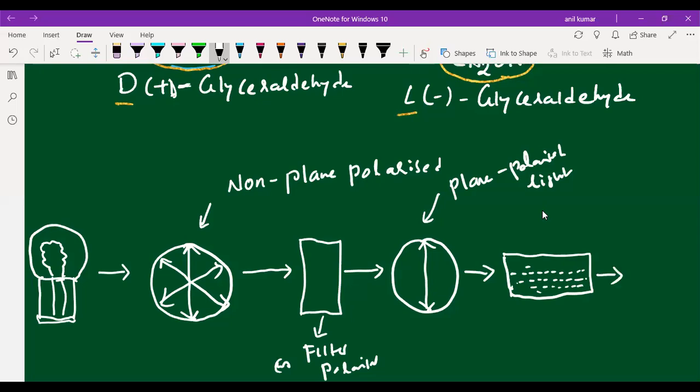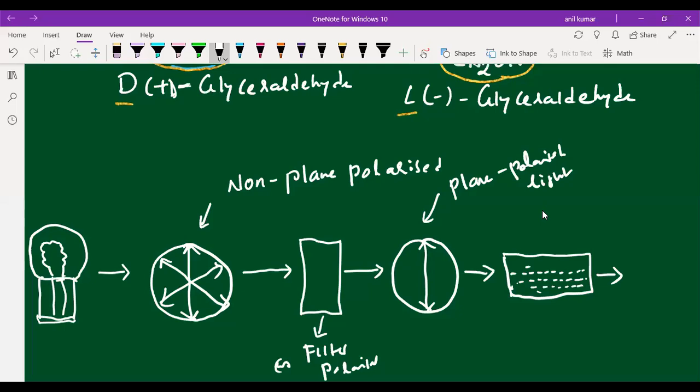Optical activity is the ability to rotate plane polarized light. A compound showing optical activity may rotate the plane polarized light to the right side or to the left side.